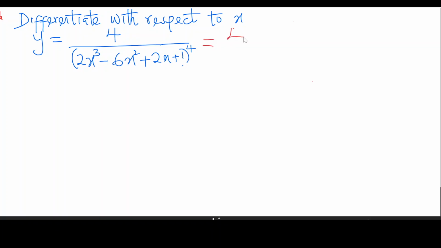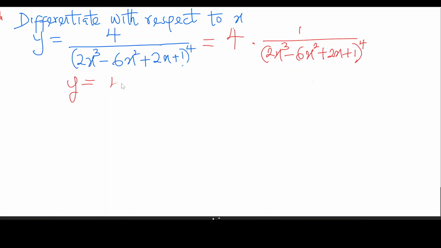We have 4 multiplying 1 over 2x cubed minus 6x squared plus 2x plus 1, all raised to the power of 4, which I will be writing as y equals 4 multiplying (2x cubed minus 6x squared plus 2x plus 1) all raised to the power of negative 4. Why is it negative 4?